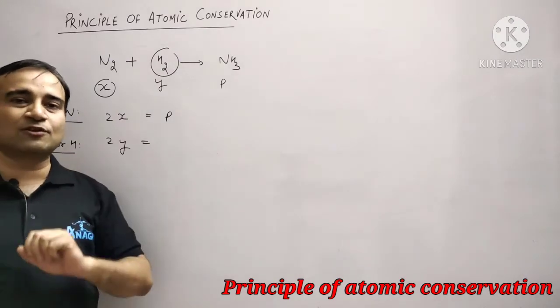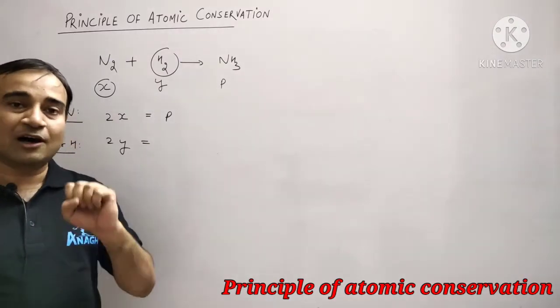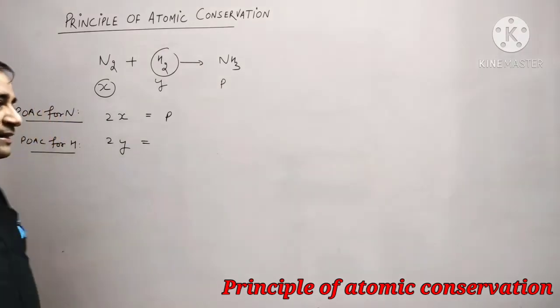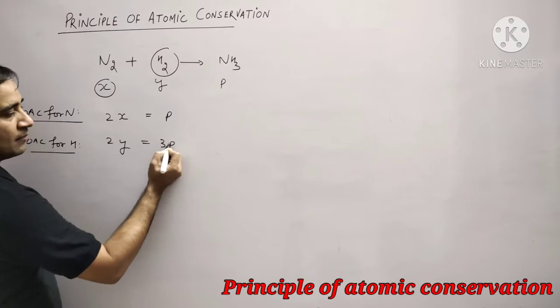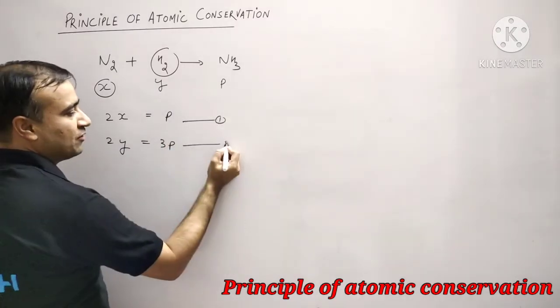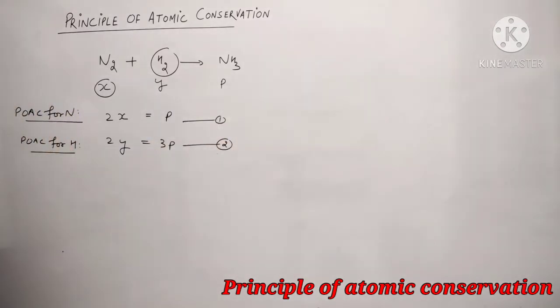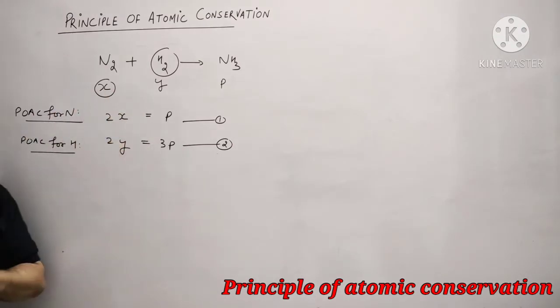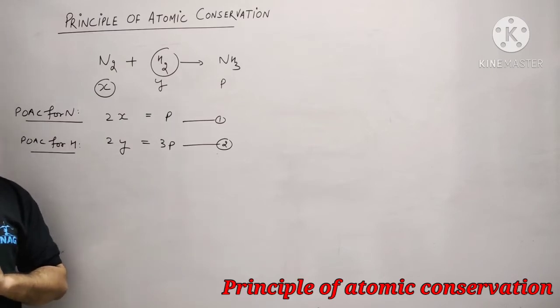So if P moles of ammonia are going to be produced, how many moles of hydrogen atoms must be there? 3 times of it, that is 3P. So we have two equations by applying POAC for two elements. In this way, if X and Y are given to us, we can determine the value of P.